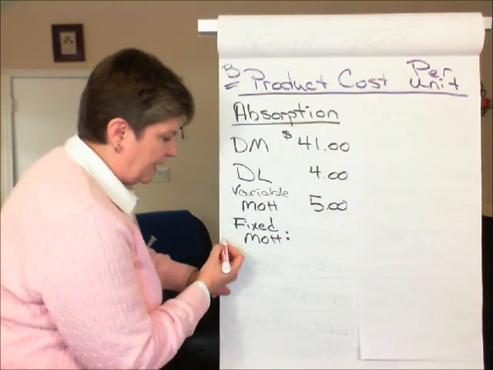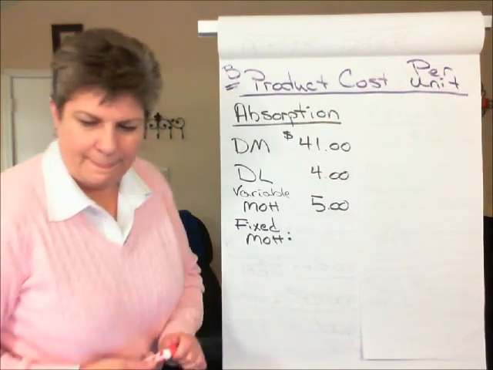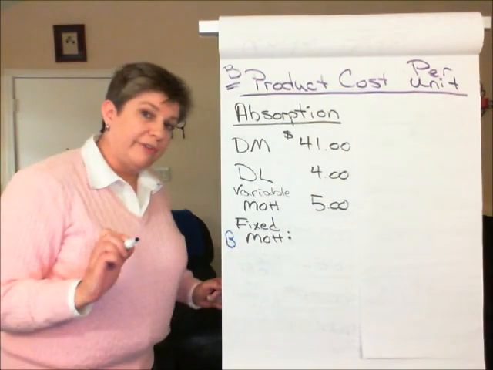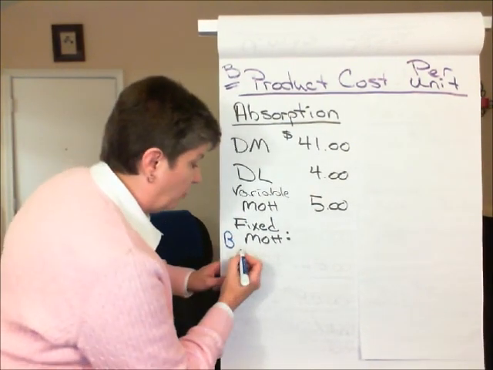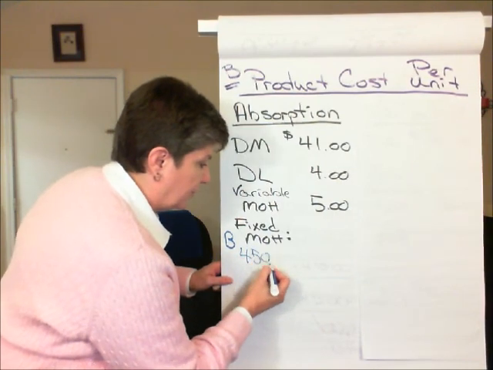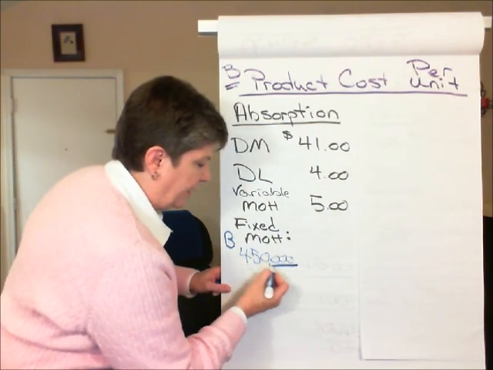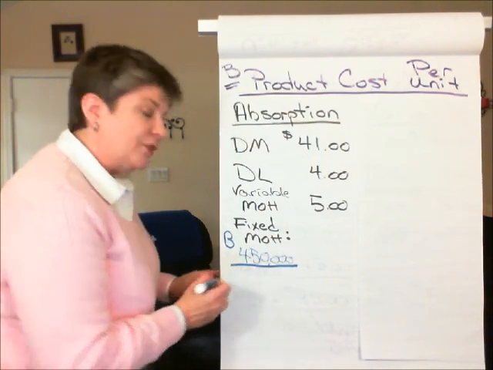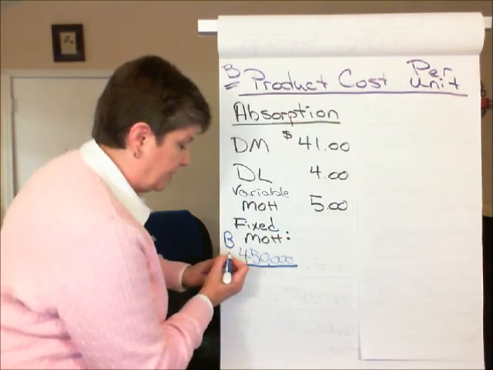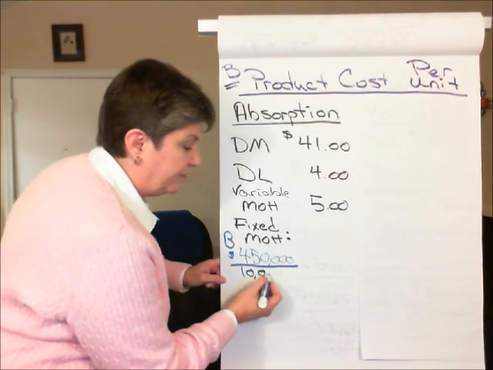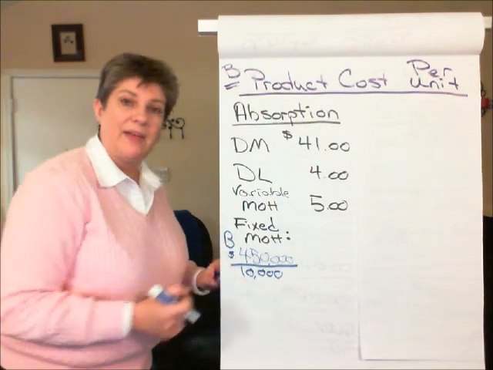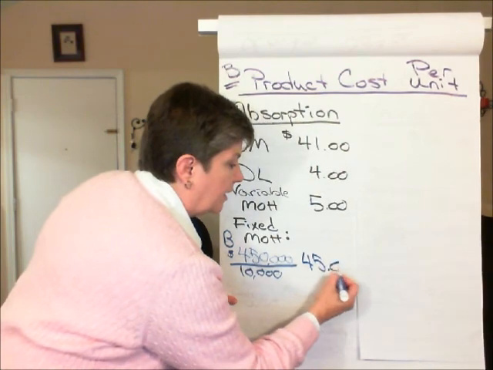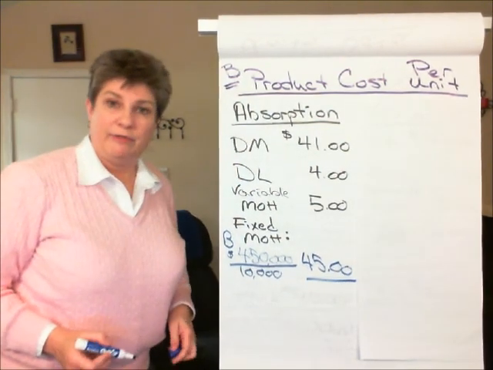Now in scenario B, total fixed cost is still the same $450,000. But in scenario B, we produced 10,000 units. So our fixed overhead per unit, 450,000 divided by 10,000 units produced, is going to be $45.